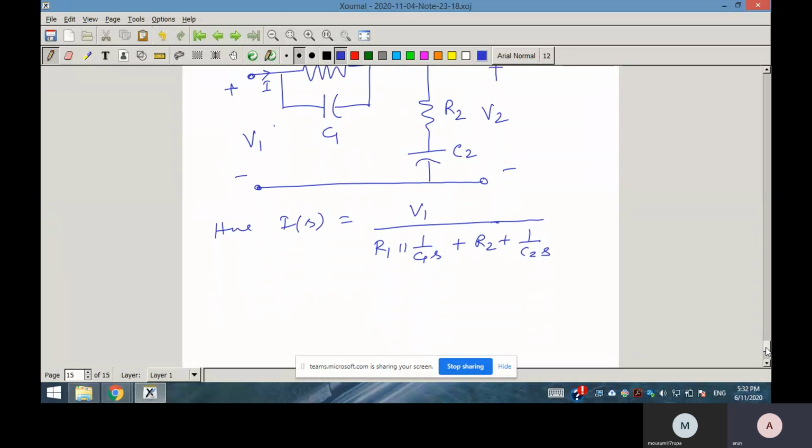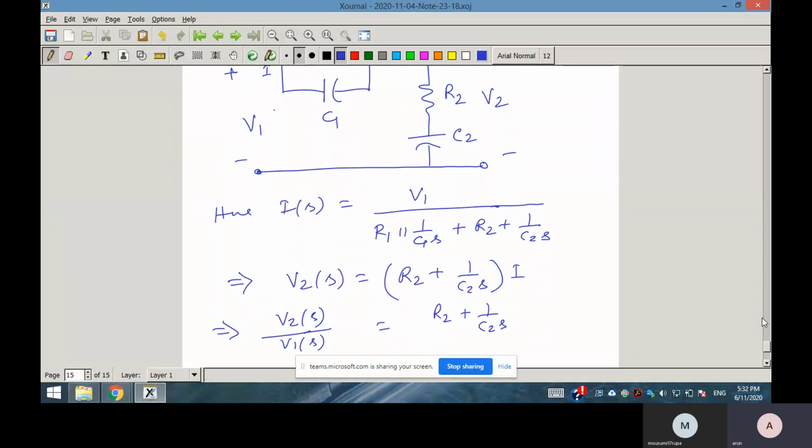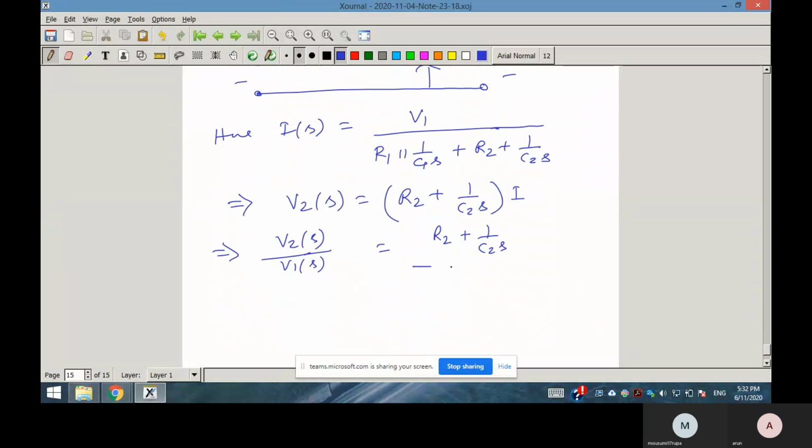Then V2(s) equals R2 plus 1 by C2s into I. So this will imply V2(s) by V1(s) will be equal to R2 plus 1 by C2s divided by R1 parallel 1 by C1s plus R2 plus 1 by C2s.